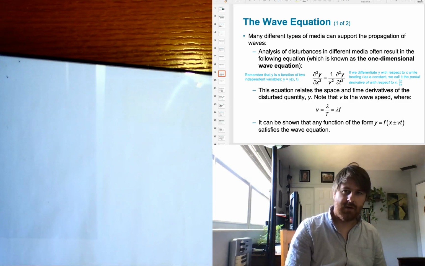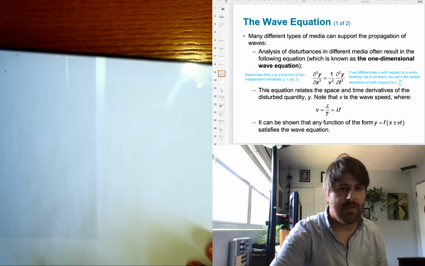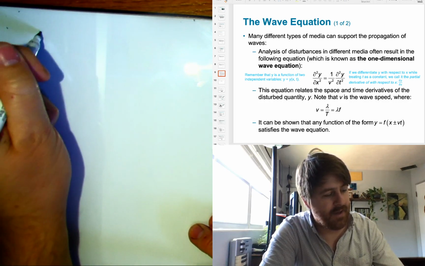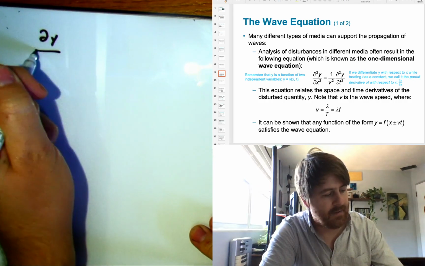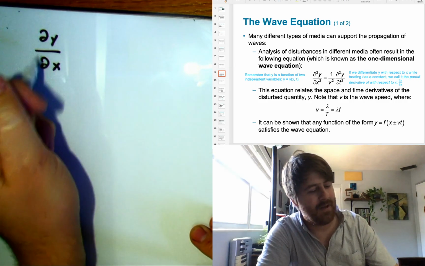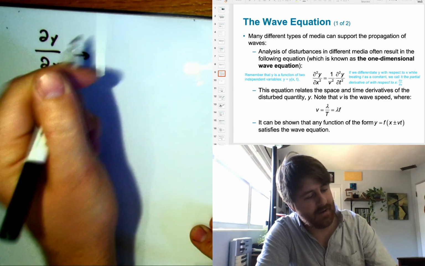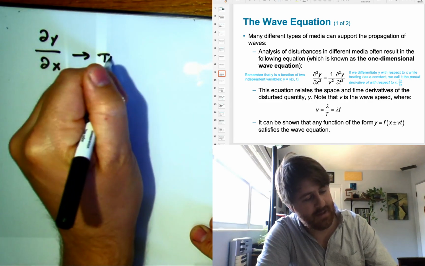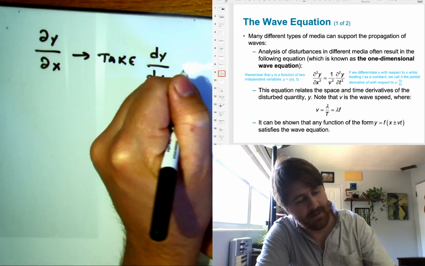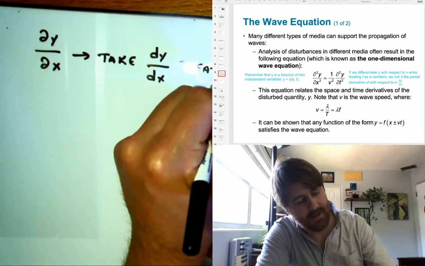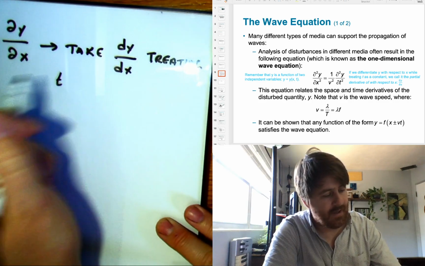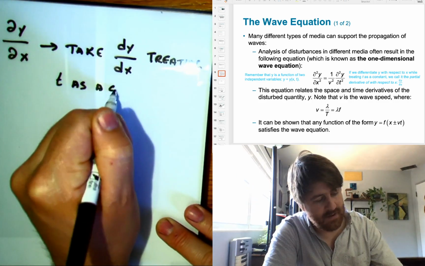Okay, so let's remind you what partial derivatives are. dy dx, and these are little script d's, they're not 2's, just means take dy dx, treating t as a constant.